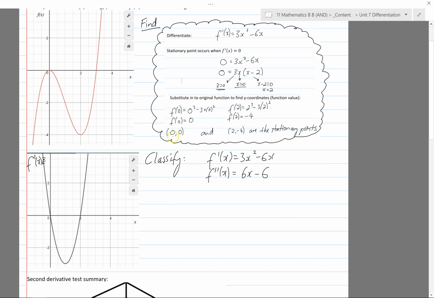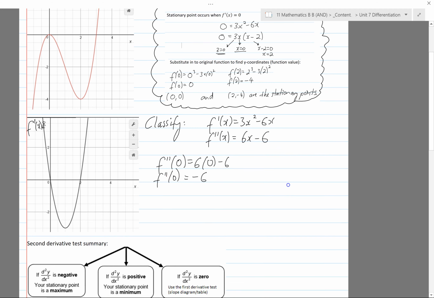If I want to classify the first turning point, 0, 0, all I need to do is find what f dash dash of 0 is. Okay, the second derivative of 0. Substituting 0 into my second derivative, 6 times 0 minus 6 gives me minus 6.